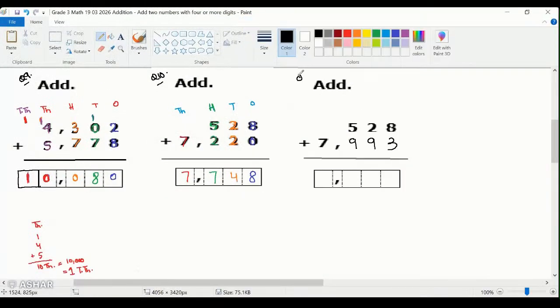Can we say in question number 11, we need to add these numbers together? We know these are the ones, the tens, the hundreds, the thousands.